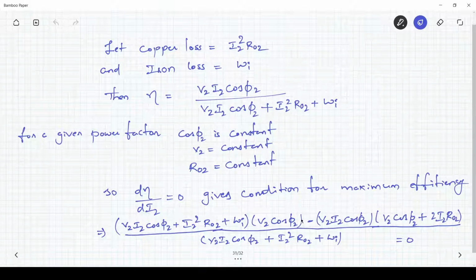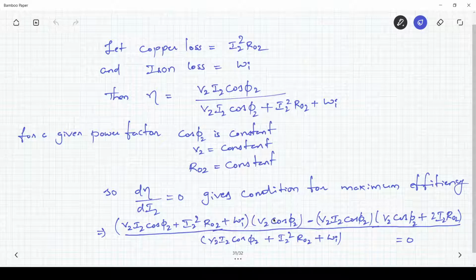See here, in the numerator V2 I2 cos phi 2 is common in both terms, so it will become 0.